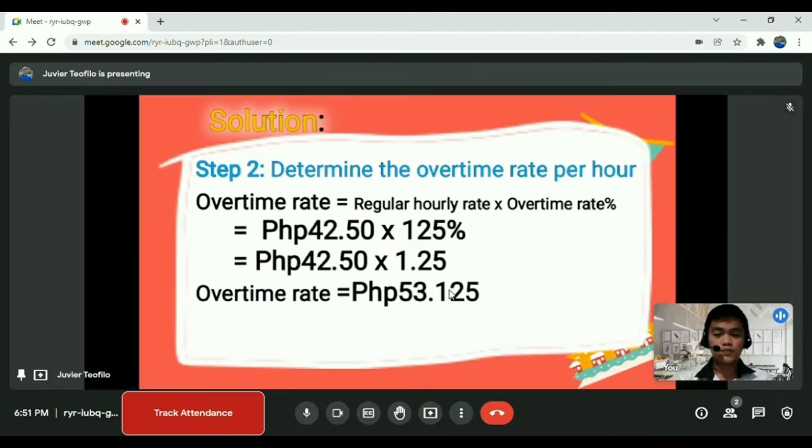Now we have 42 pesos and 50 centavos times 1.25, since 125% divided by 100 is equal to 1.25. The answer is that our overtime rate is equal to 53 pesos and 125 centavos. Please take note also of this overtime rate because we are going to use that in our final answer.